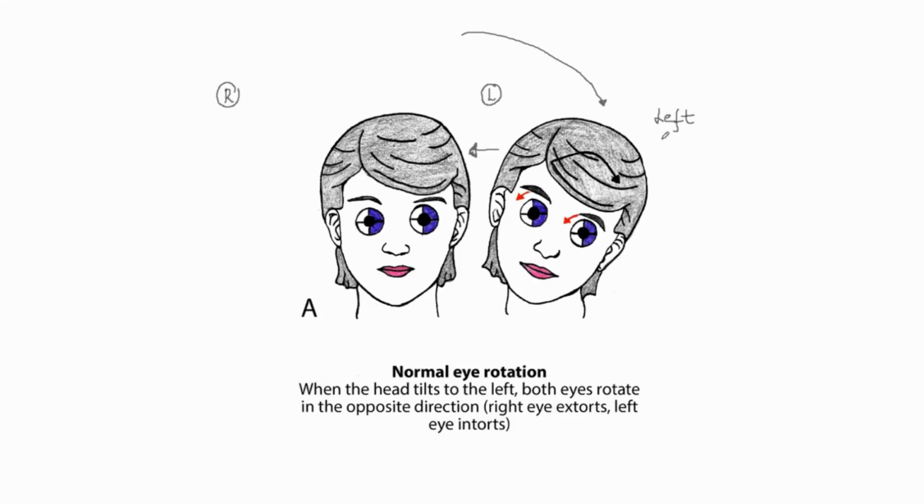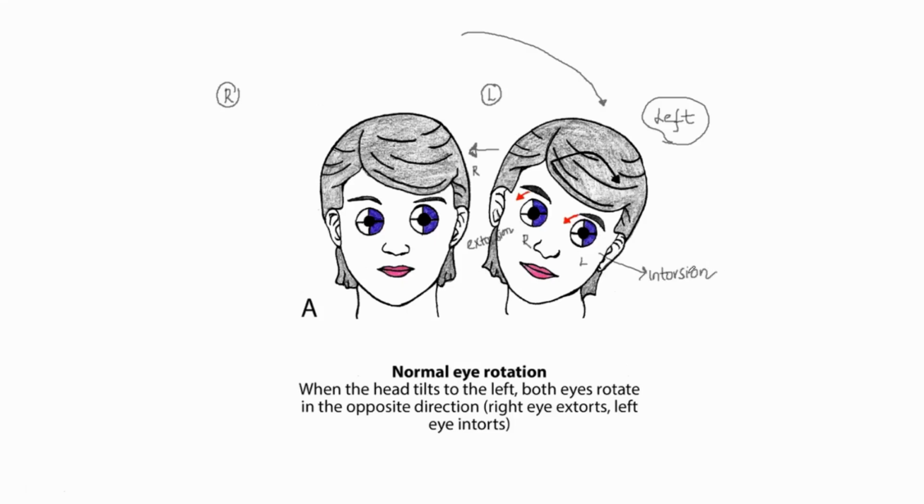See, when she's tilting her head to the left side, the eyes are tilting to the right side. So what is happening? The right eye is undergoing extorsion or excyclotorsion, whereas the left eye is undergoing intorsion.